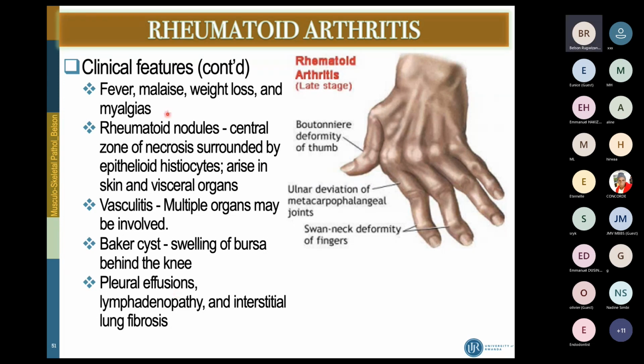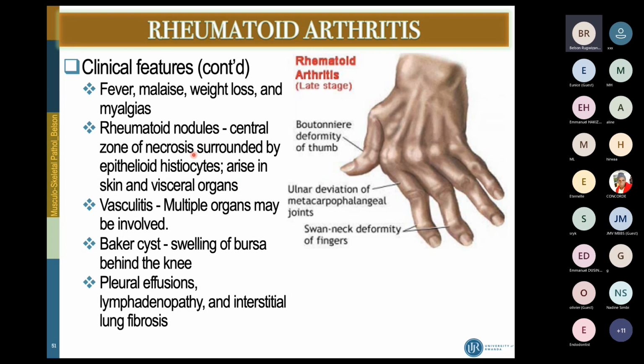Other clinical features include fever, malaise, weight loss, and myalgia, pain in muscles. Rheumatoid nodules have a central zone of necrosis surrounded by peripheral histiocytes, which arise in the skin and the visceral organs. So this means you can find a rheumatoid nodule in places with no connection to the joints themselves. Vasculitis, multiple organs may be involved, and you understand because this is an autoimmune disease.